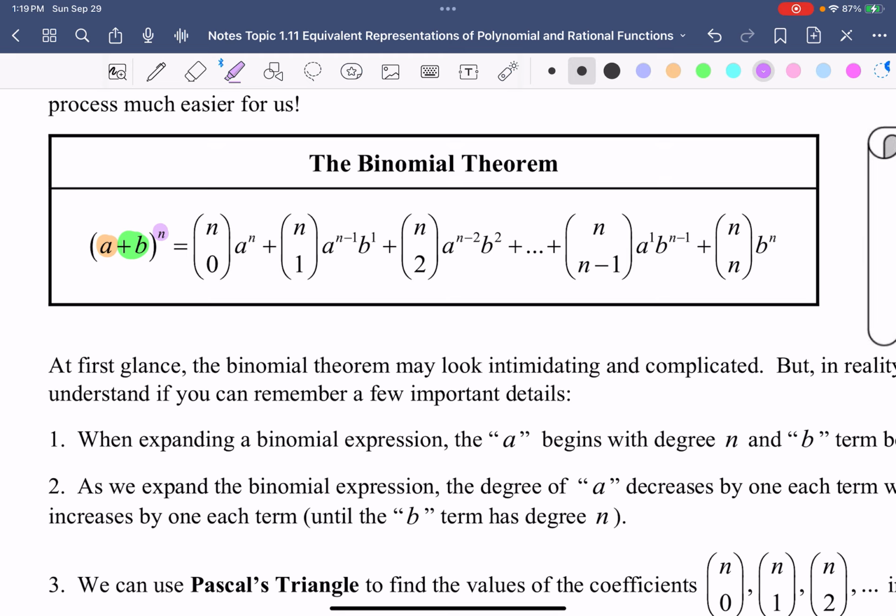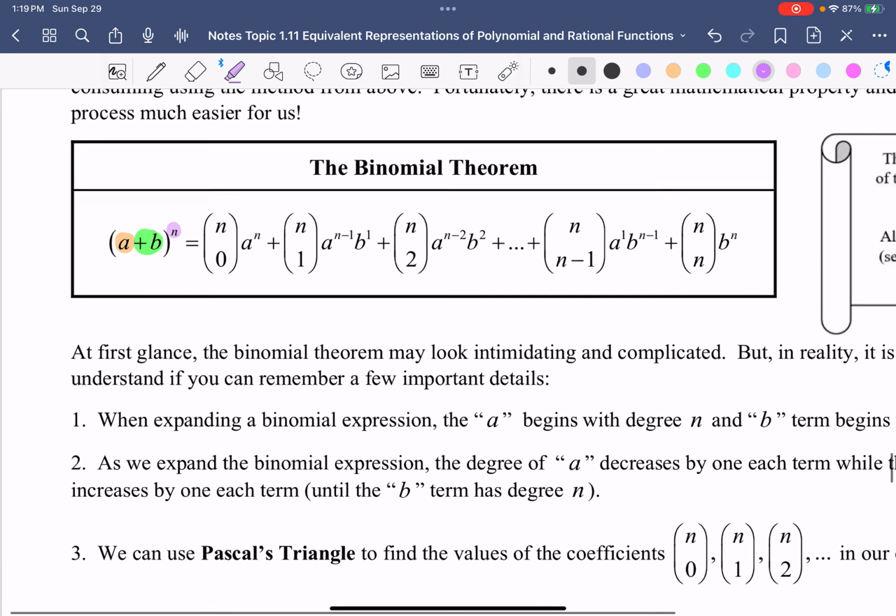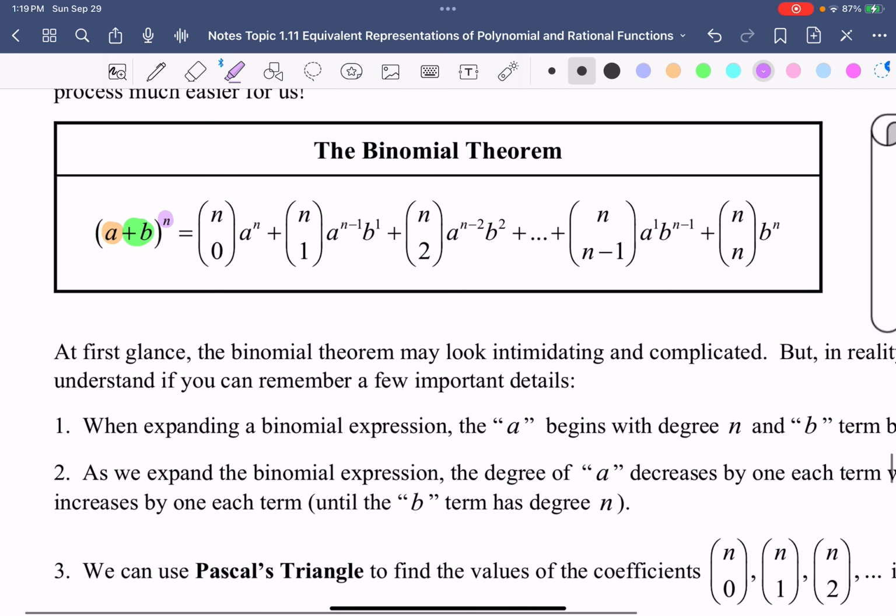Okay, now this looks very intimidating and complicated, but in reality, it is easy to understand if you can remember a few details. So the first parentheses, we're going to be finding the coefficients using the Pascal's triangle in a minute. But in the Pascal's triangle, you're always going to have the value of n be the number on the top.